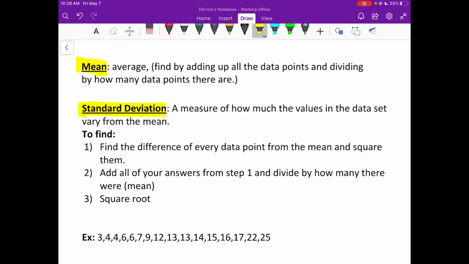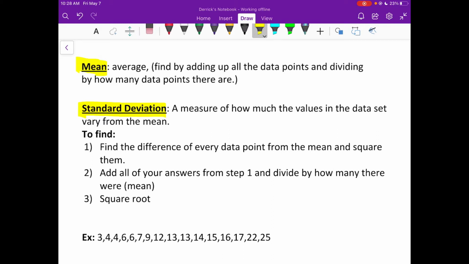Absolute value is a measurement of how far something is from zero. Standard deviation is kind of the same idea, except it's not from zero, it's from the mean, which would change based on each individual data set. So unlike absolute value, that's the same all the time, standard deviation is different depending on each individual set of data you may be given.